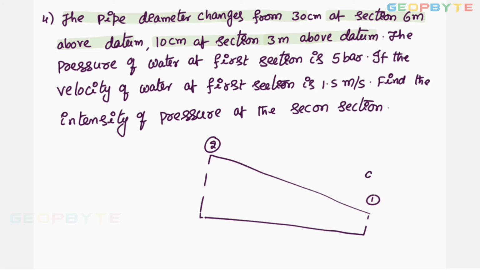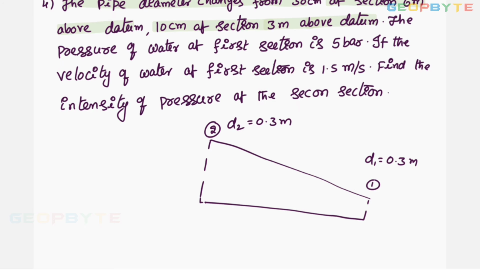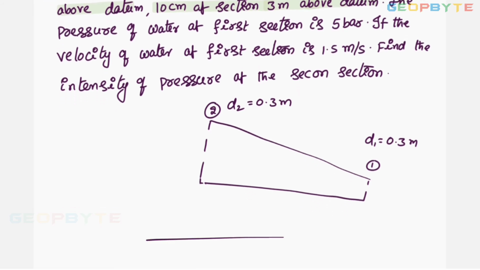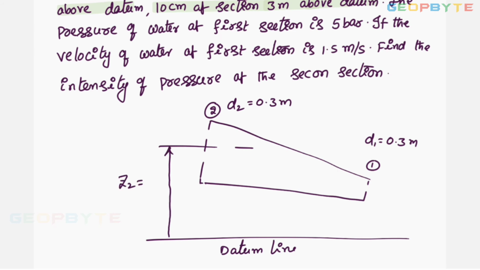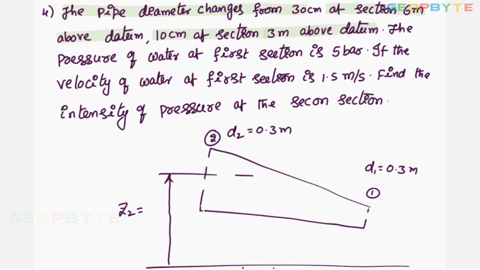Section 1 diameter D1 0.3 meters and section 2 diameter D2 equal to 0.3 meters. Let us make a datum line somewhere here. Now section 2 is lying at a height of Z2, that Z2 is given 6 meters.